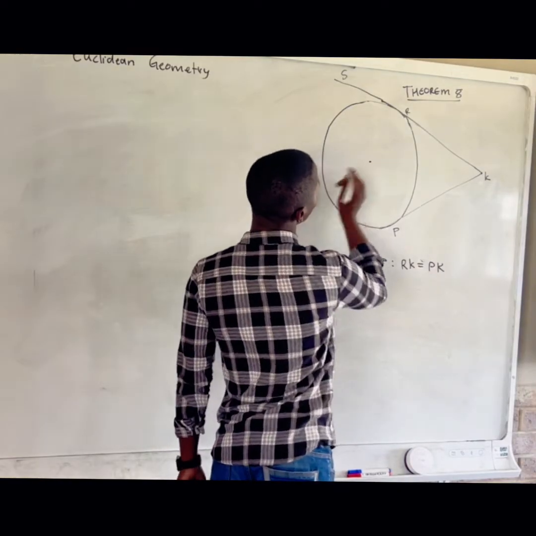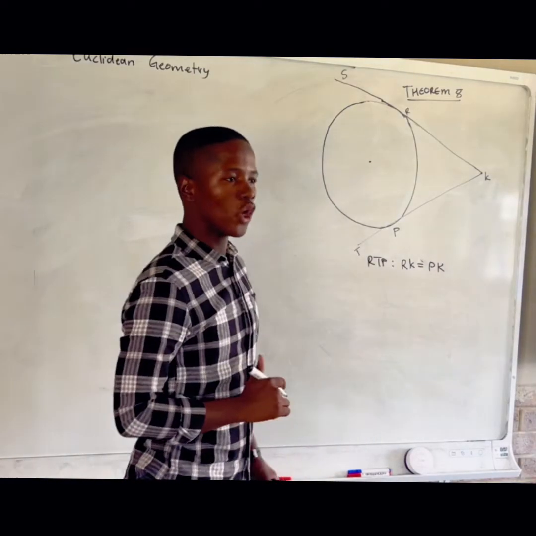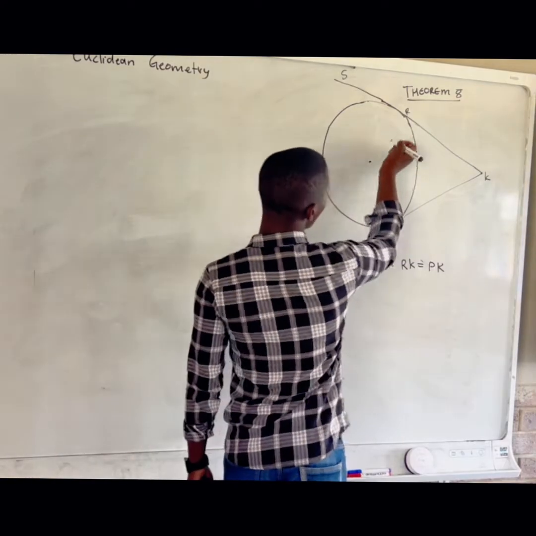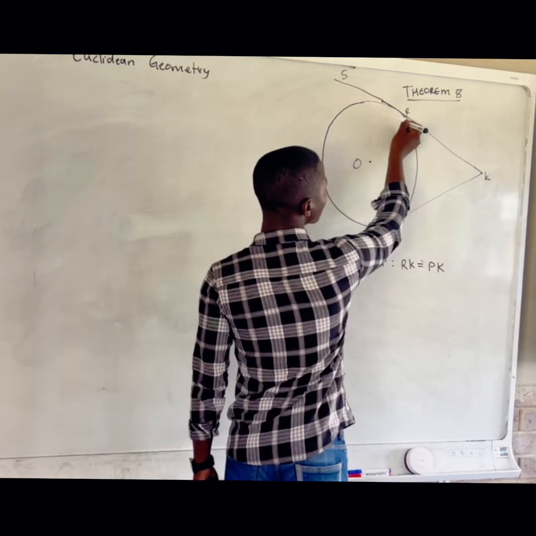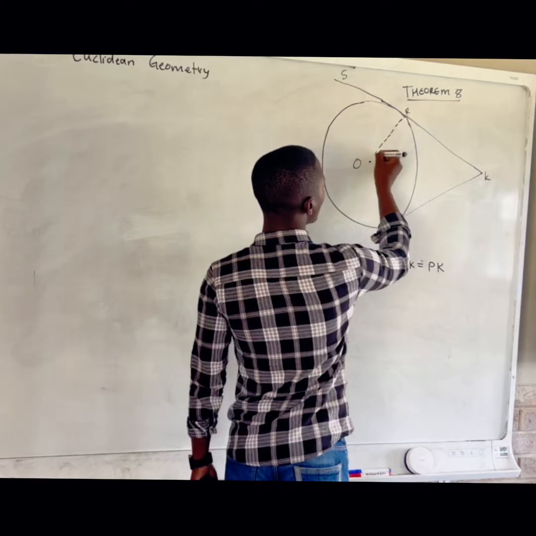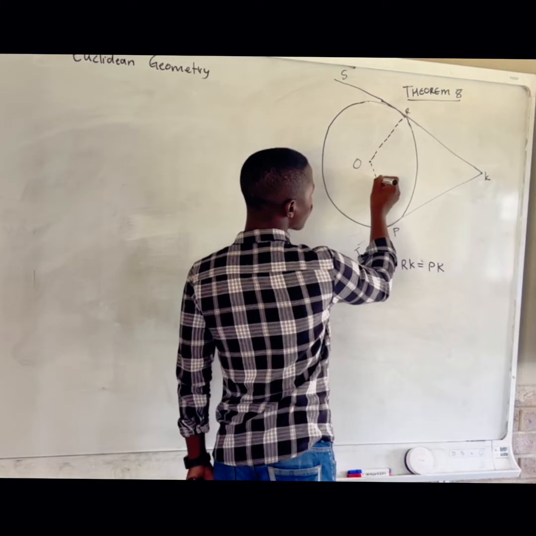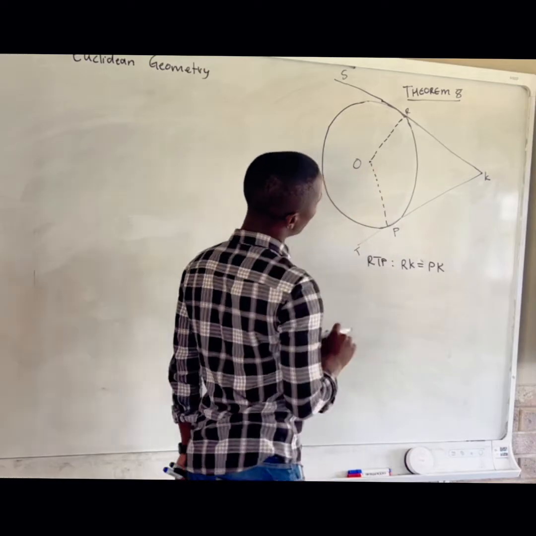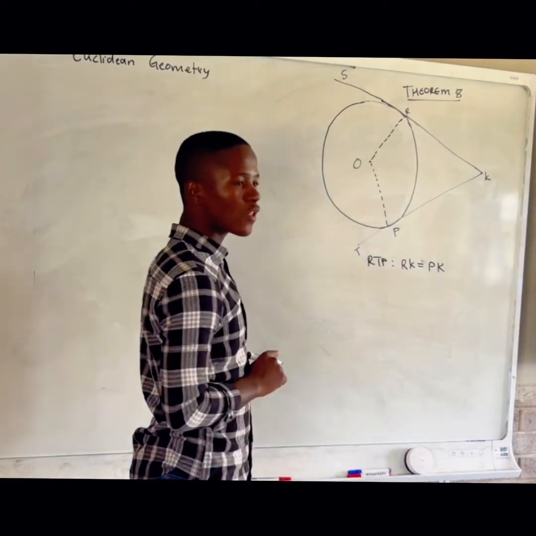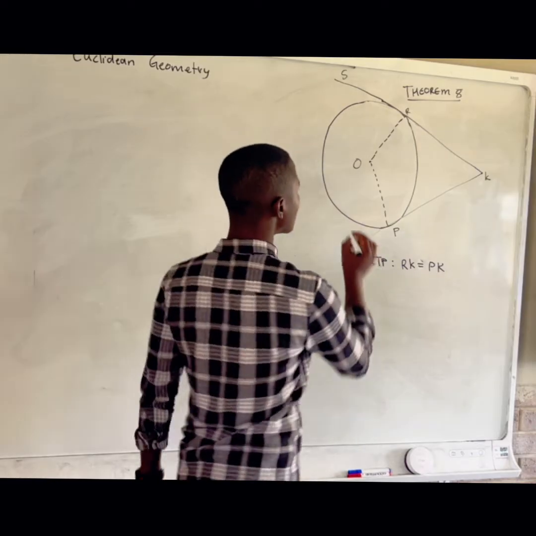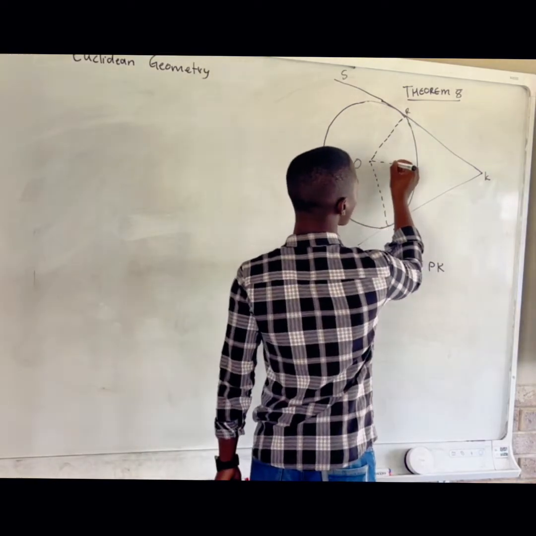If you have this as your center, you are going to firstly construct your radius here, and also construct your radius here, and then after that construct this line which is OK.